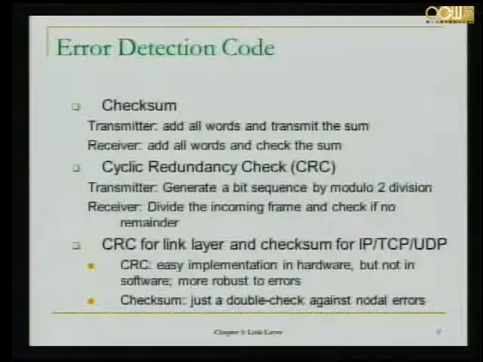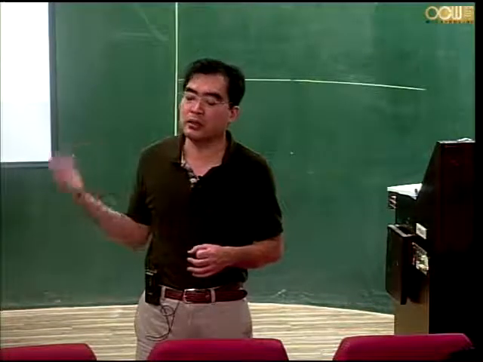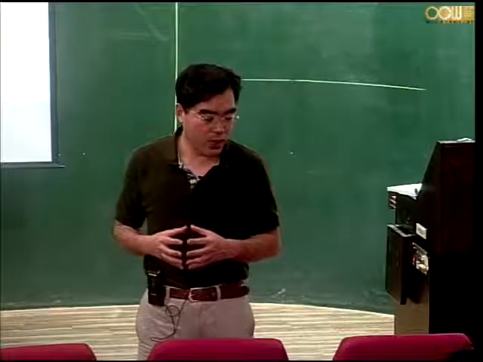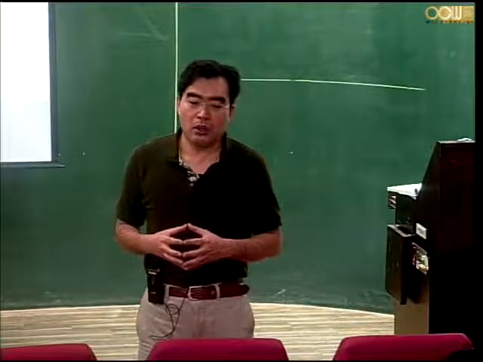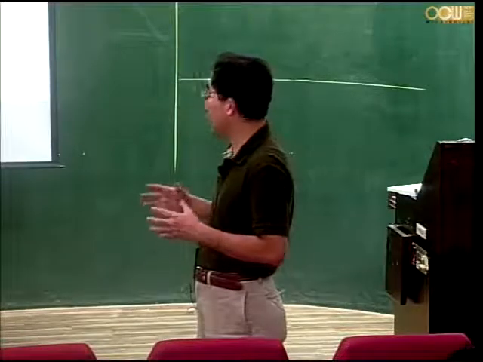However, on Ethernet, on wireless LAN, and on some other links, they all use CRC, and it's done in hardware. And then you would ask, since checksum is not that robust to errors, why are we still using checksum in the IP layer and the transport layer?